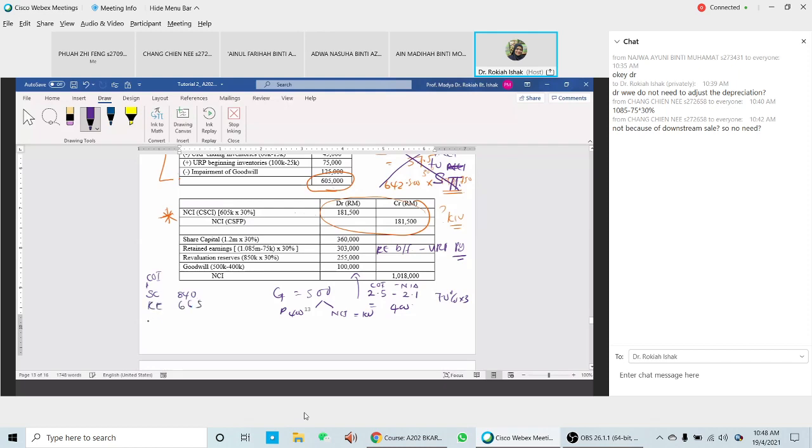And then revaluation reserve 595. And then goodwill 400. COI here will be 2.5. Okay, so this is the journal entry to eliminate the COI of the parent. Any questions on this one?